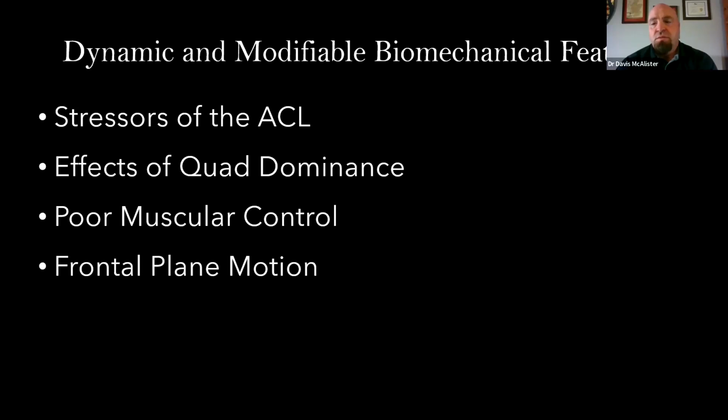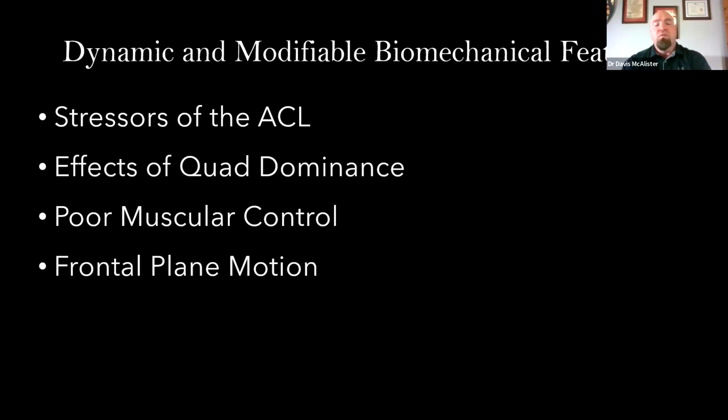The most common mechanism is any type that's going to cause the knee to go into what we call valgus, which means the femur, the upper part of the leg, is going to go in, and the lower part of the leg has an appearance that it is going out. It could also be a hyperextension. It could also just be from that knee looking like it caves in.